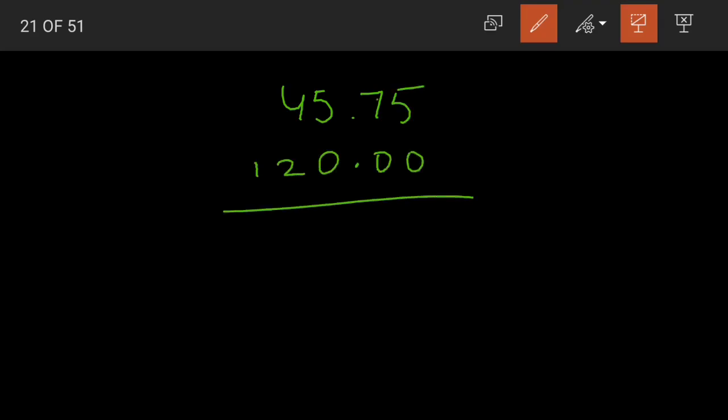Yes, children, see we have to make sure that the points are in the same place for both the given numbers. The paise should be written below each other and the rupees should be written below each other. Now we have to add.